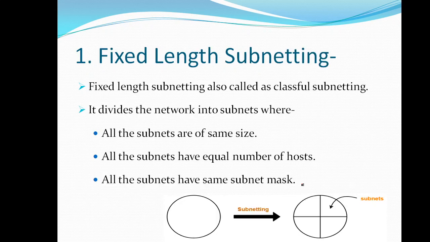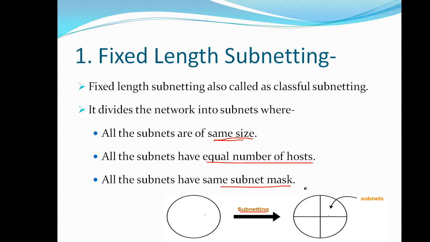In fixed length subnetting, while dividing the larger network into smaller networks, if all the subnets are of equal size, then it is fixed length subnetting. As they have the same size, they accommodate an equal number of hosts in each subnet, and all the subnets have the same subnet mask.